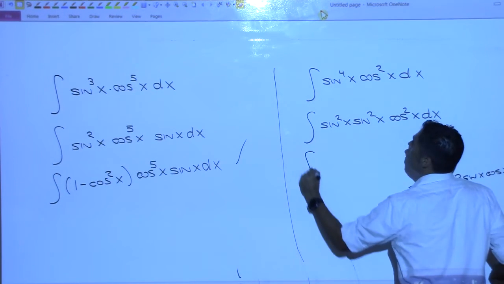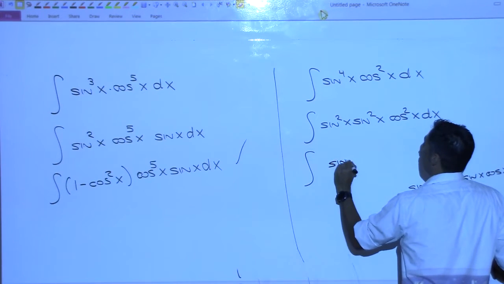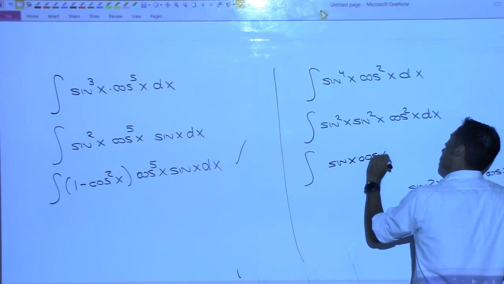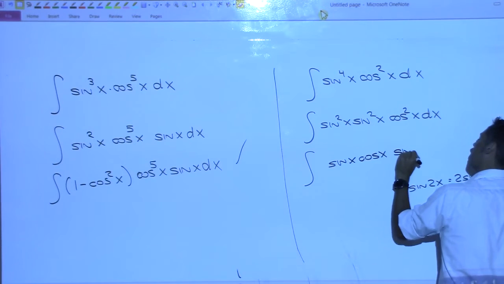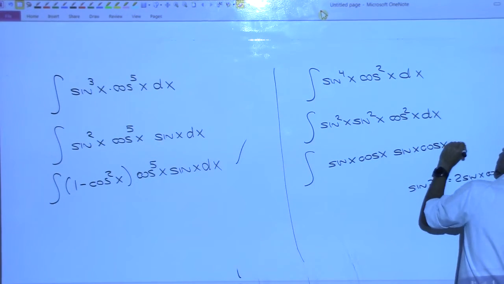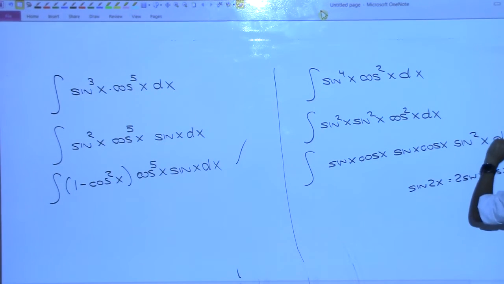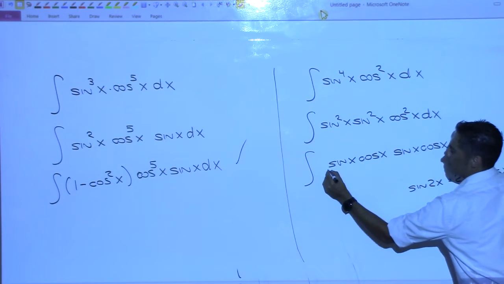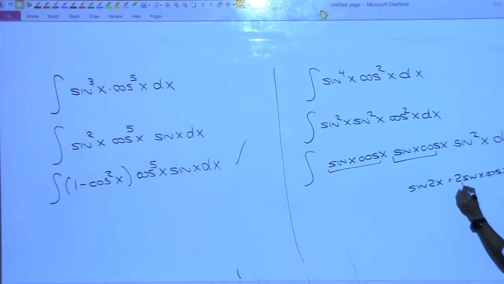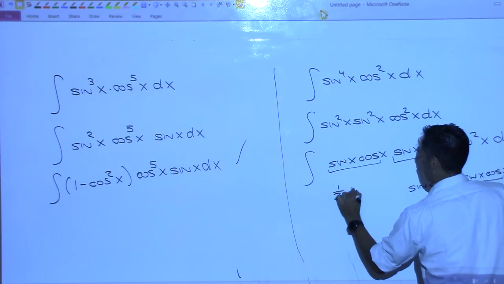Oh, okay, I see what you're saying. You have a sine squared on the end, and those first two groups would just become more sine 2x.